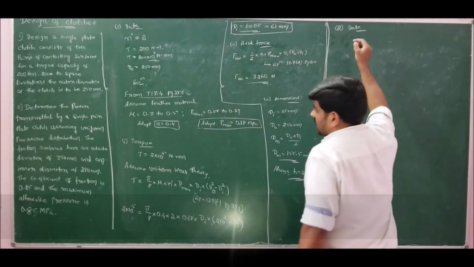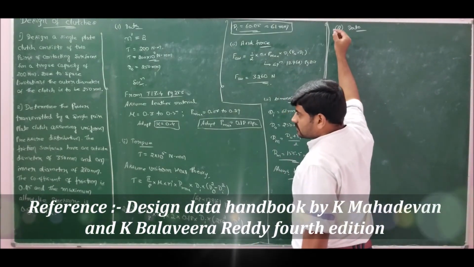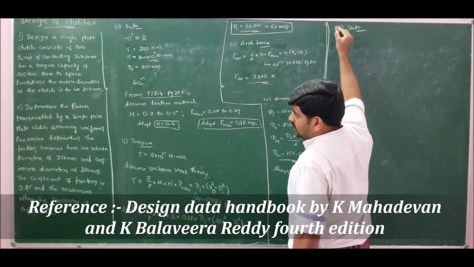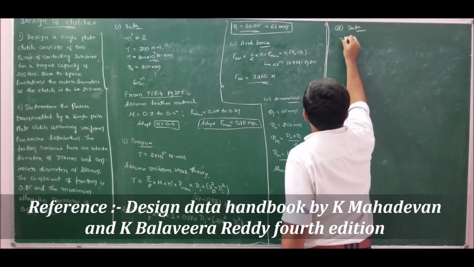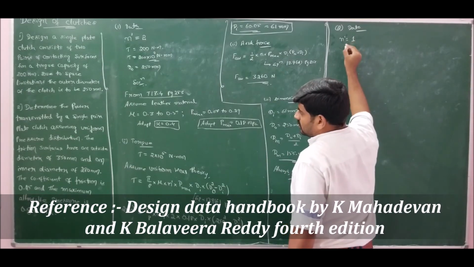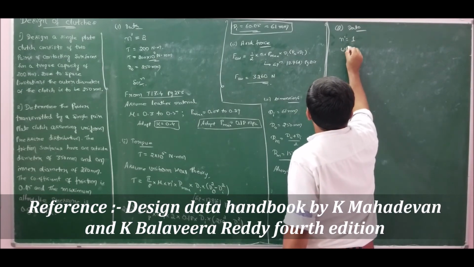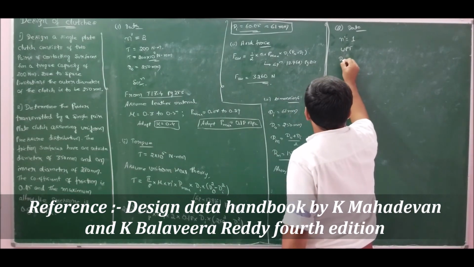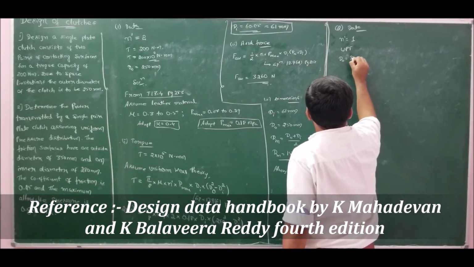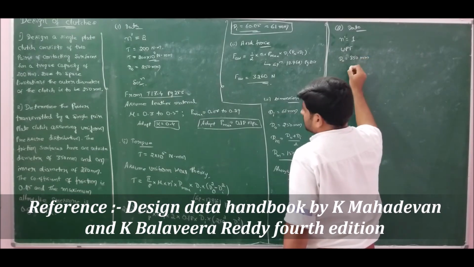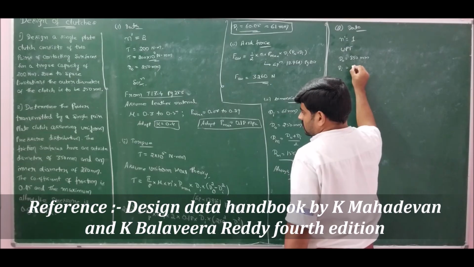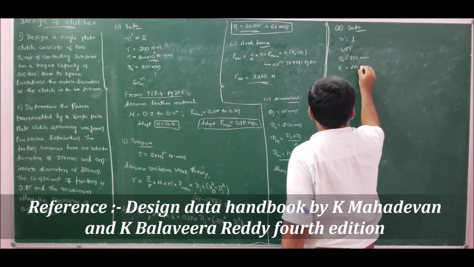If I list out the data given, we have a single plate clutch. So therefore n dash is equal to 1. I should use uniform pressure theory. We have the outside diameter d naught, which is 350 millimeters, and inner diameter di, which is 280 millimeters.